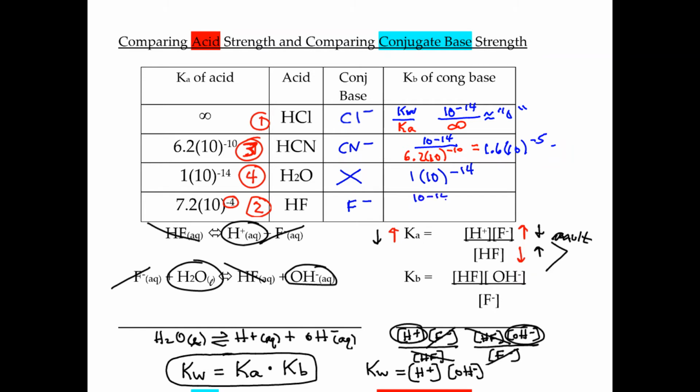And then lastly, you're going to take your 10 to the minus 14th, which is Kw, divided by your Ka given of 7.2 times 10 to the minus 4th. And you're going to find out that this one comes out to be a Kb of 1.4 times 10 to the minus 11th.